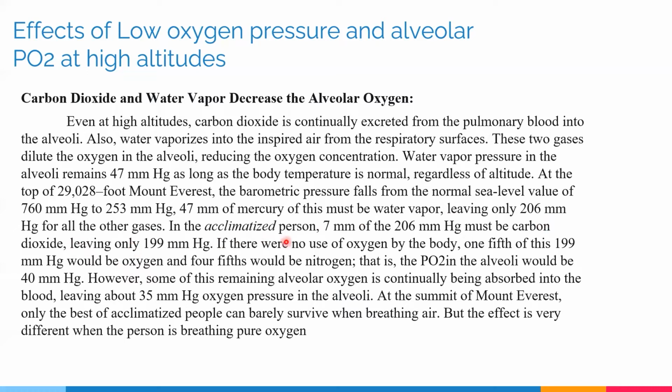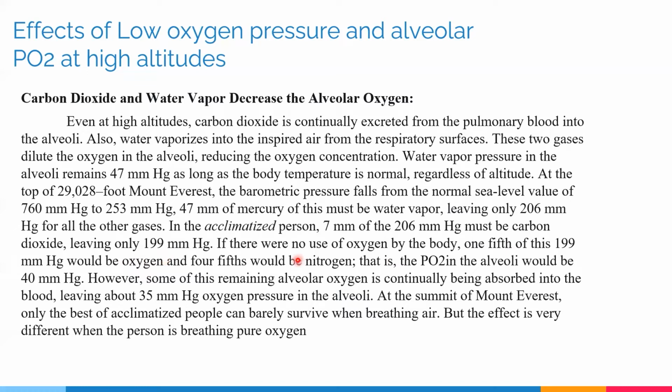In an acclimatized person, that is a person who can breathe at a high altitude, 7 millimeters of this 206 millimeters of mercury pressure that is left must be carbon dioxide, thus leaving only 199 millimeters of mercury.